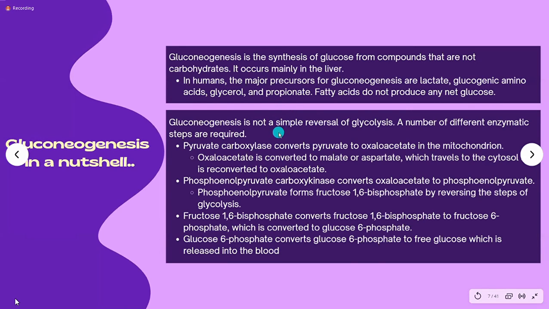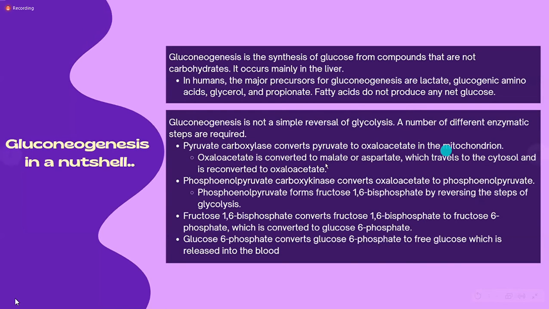Then it says it is not a simple reversal of glycolysis. A number of different enzymatic steps are required. Pyruvate carboxylase converts pyruvate to oxaloacetate in the mitochondrion. Just follow that diagram.